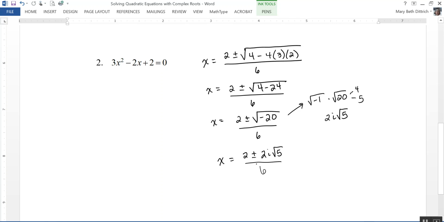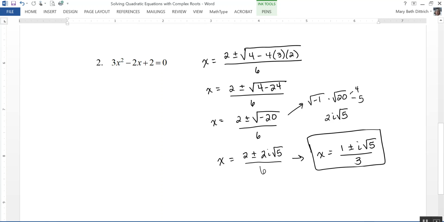And then I can divide 2 over 6 and 2 over 6 to give me x is equal to 1 plus or minus i square root of 5 over 3. My two imaginary solutions to that quadratic equation.